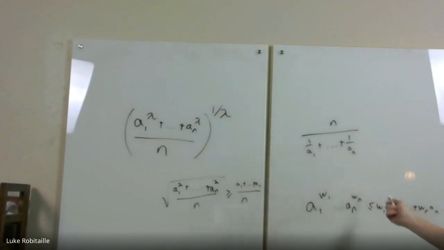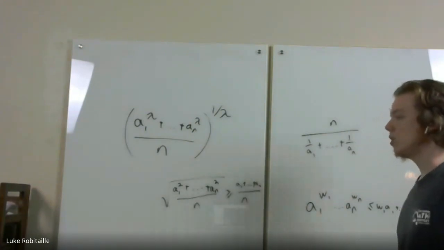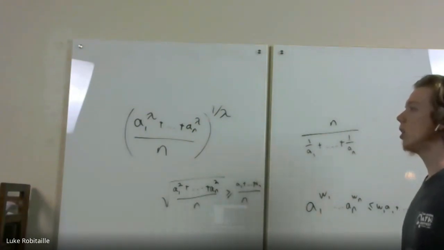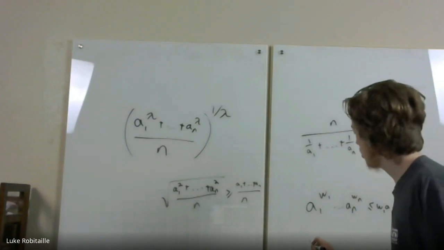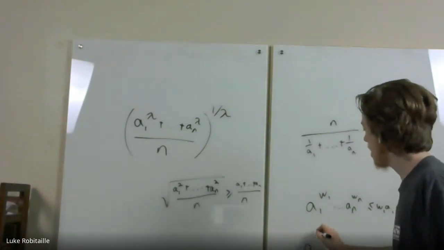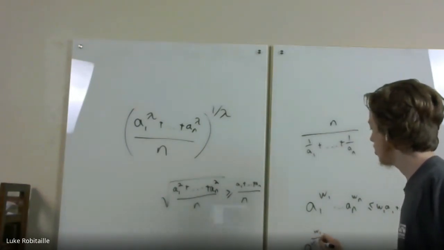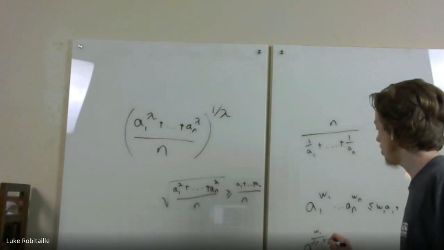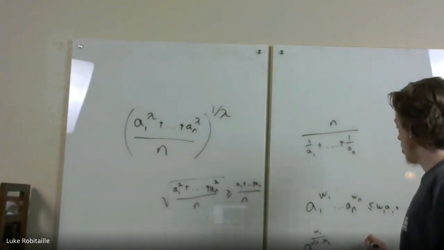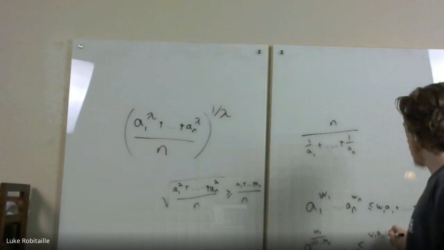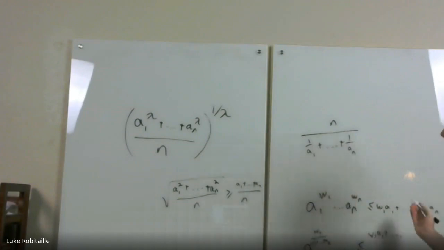So you want the total degree to be 1, so you want the w_i's to sum to 1. If you really want general w_i's, I guess you could divide out by their sum before you raise to exponents. But this version of weighted AM-GM, you need them to add to 1.